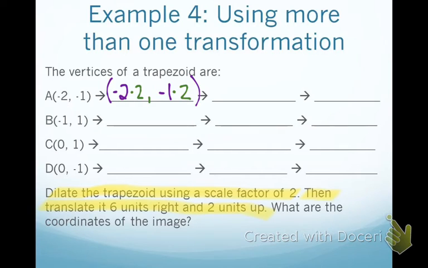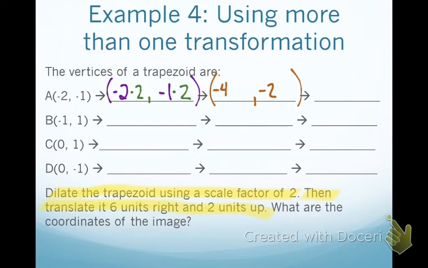All right, so what's -2 times 2, guys? -4. And then what's the other one going to be? -2. But now it says to translate it 6 units right and 2 units up. So what would I do to x now? 6 units right.